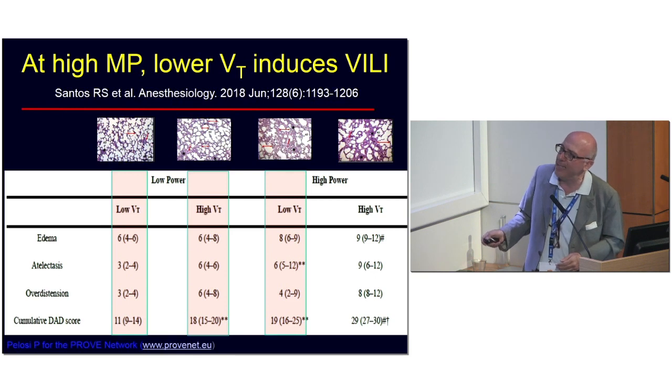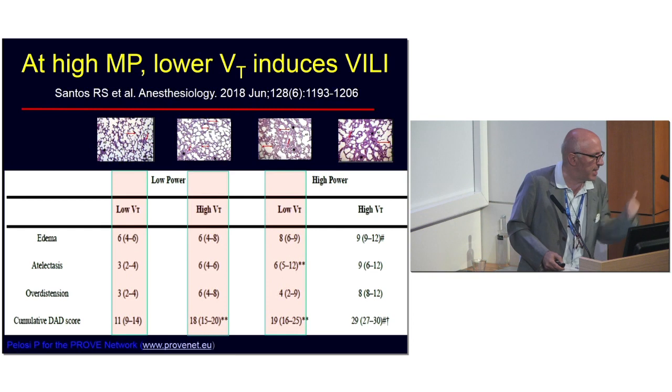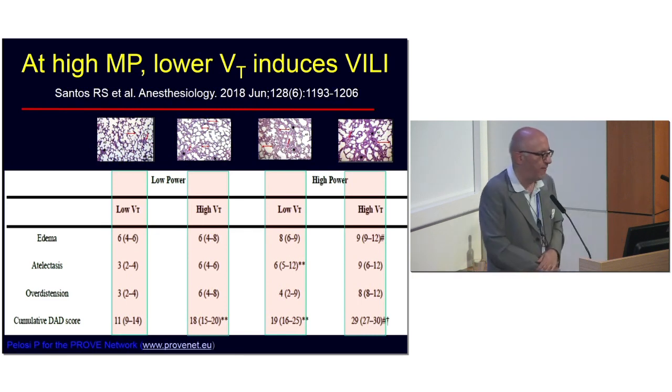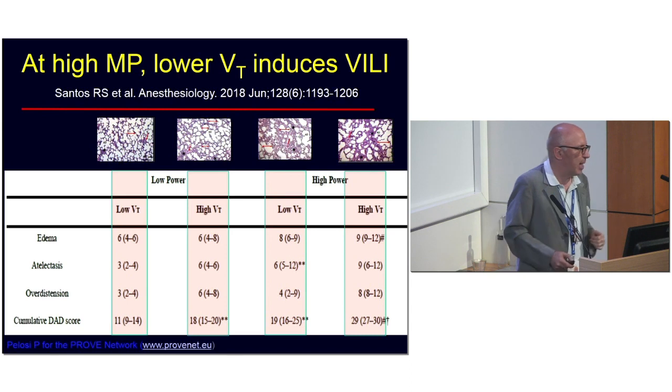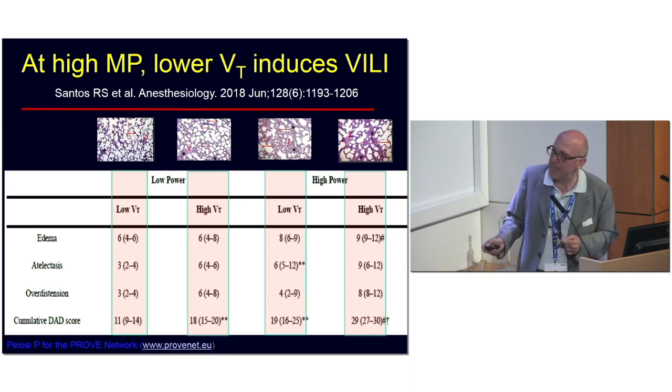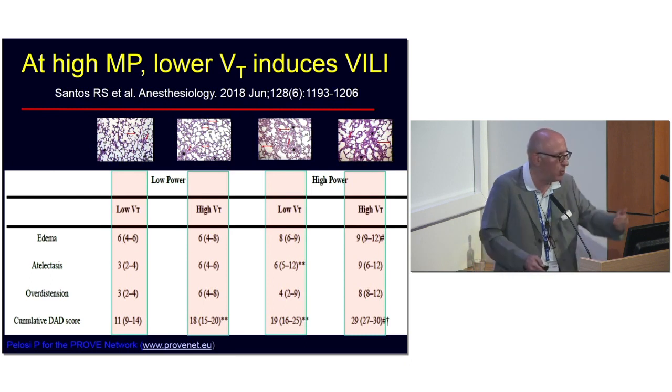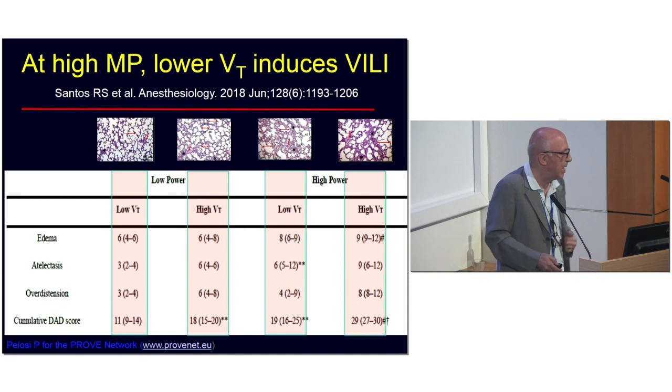But if you deliver high tidal volume with a low power, you have an increase in the damage, as I showed you in the other study. Of course, if you combine high tidal volume and high respiratory rate, you have the worst effects. But again, tidal volume is crucial, but it is not the only factor, because if you need to increase the respiratory rate too much, you increase the power, and even low tidal volume may damage the lung.